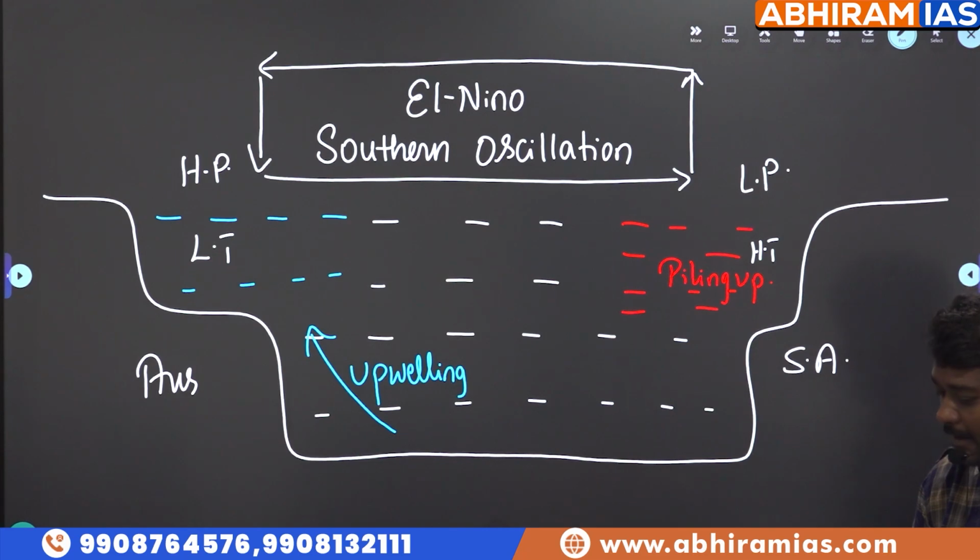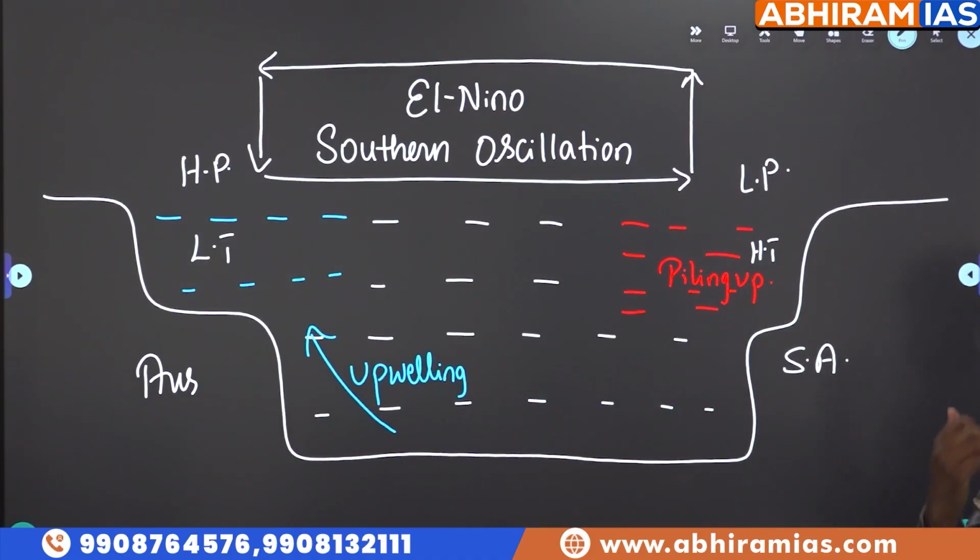Second point. Once in 3 to 4 years, oceans used to become hotter.